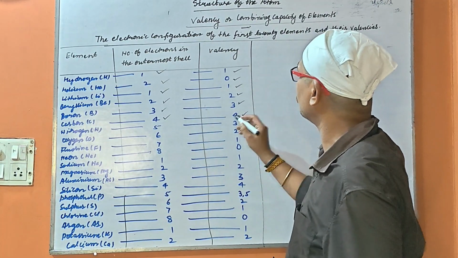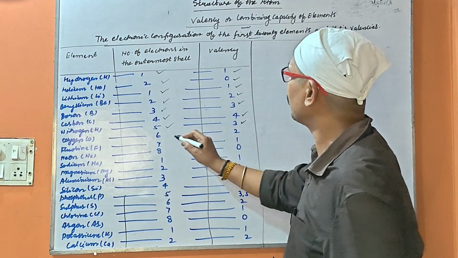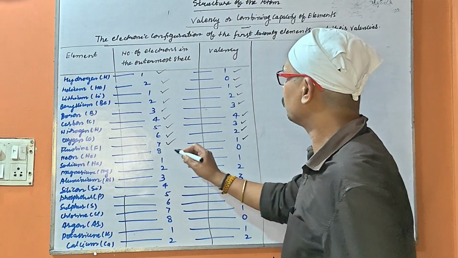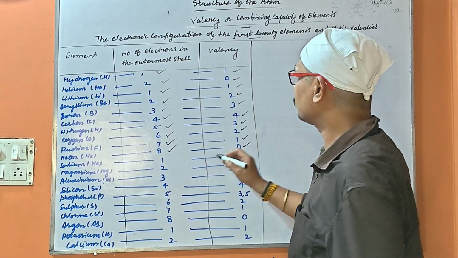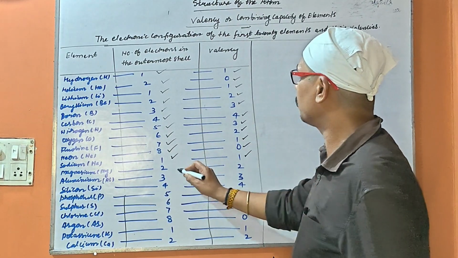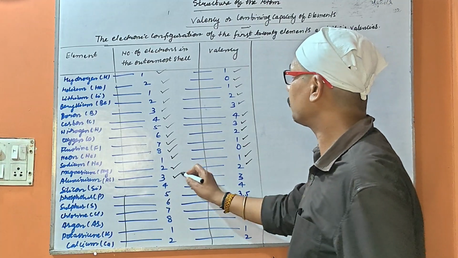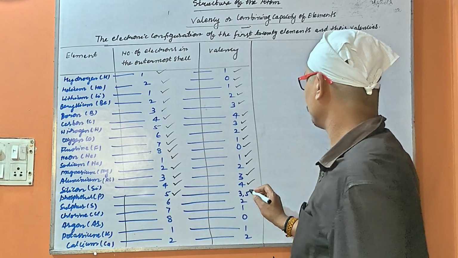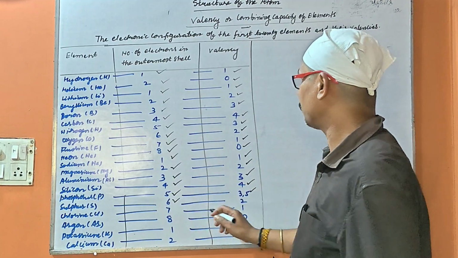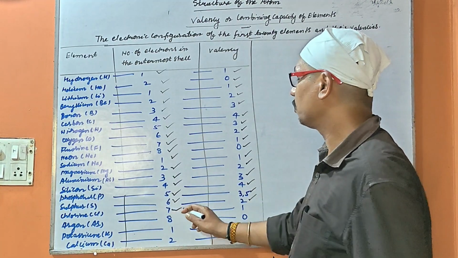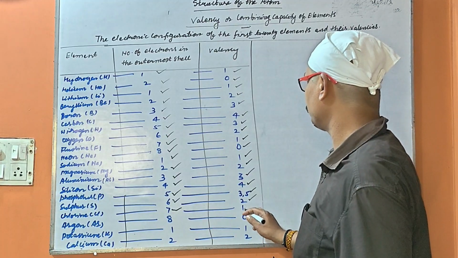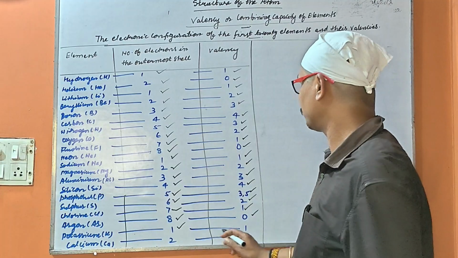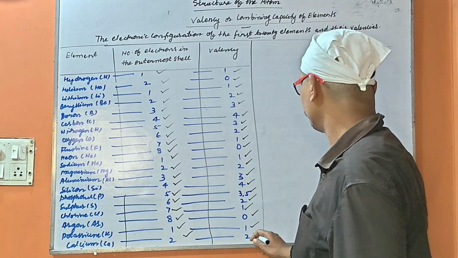Carbon 4, valency 4; nitrogen 5, valency 3; oxygen 6, valency 2; fluorine 7, valency 1; neon 8, valency 0; sodium 1, valency 1; magnesium 2, valency 2; aluminum 3, valency 3; silicon 4, valency 4; phosphorus 5, valency 3 and 5; sulfur 6, valency 2; chlorine 7, valency 1; argon 8, valency 0; potassium 1, valency 1; and calcium 2, valency 2.